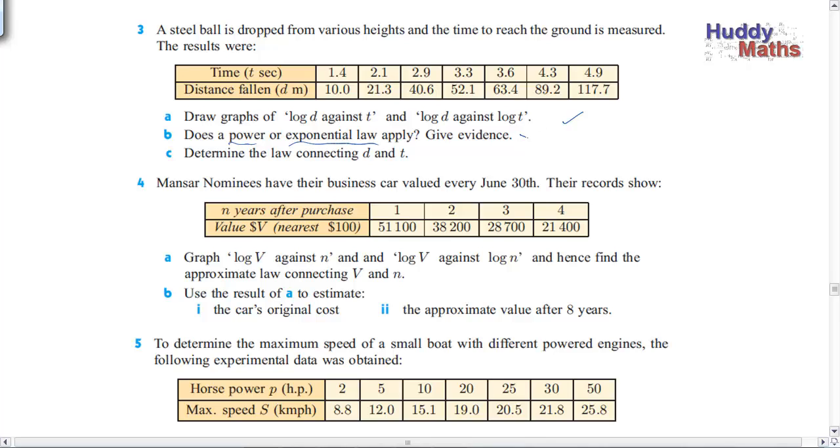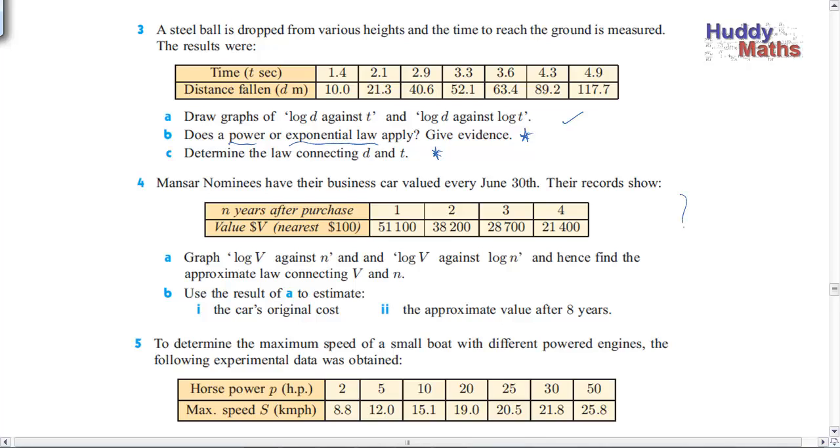Give evidence, so you need to talk about which one is straight, and then you can justify that or give further verification by trying to find the law as we did before. Once you have log W equals something times T plus the intercept, you've got to rearrange that using a log rule. So that's the hard part, and so on.